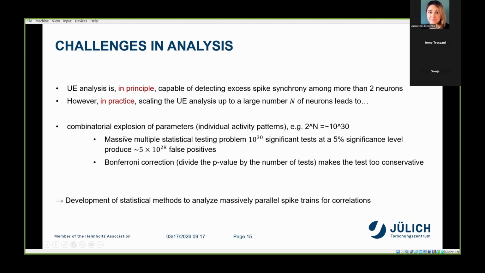This is terrible. We have to deal with this somehow. And if we would test for each individual pair, we would have a massive multiple testing problem, which would leave us a lot of false positives. Okay, what to do?